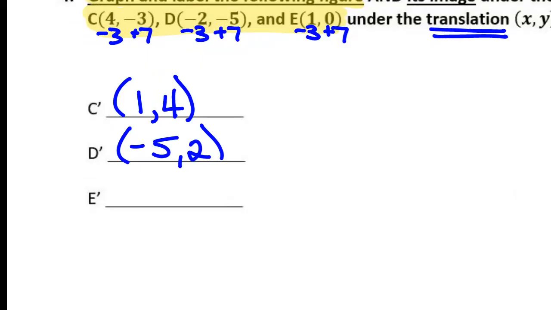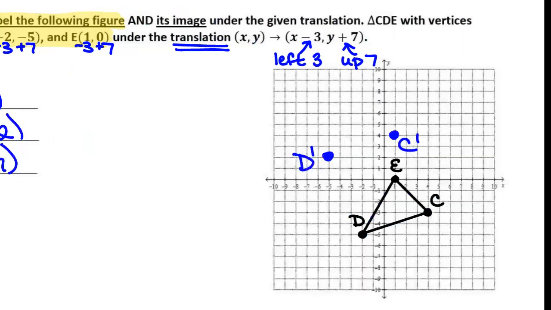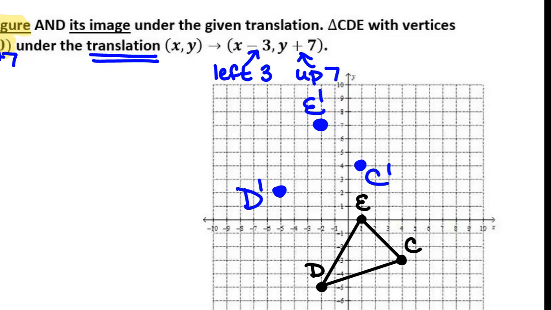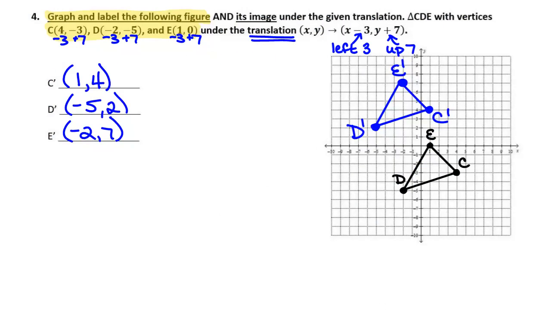And E prime would be -2, 7, right here. And then we grab our straight edge and connect those dots together to make the translated triangle. Make sure that your transformed shape is not changing size.